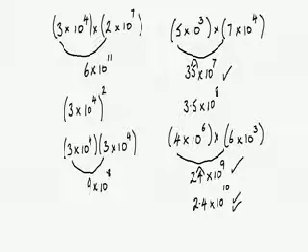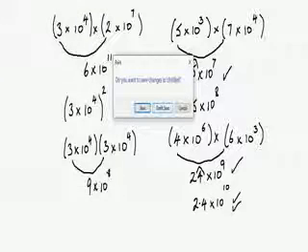Okay, so this is nice and simple. So let's say we've got 6 times 10 to the power of 7 divided by 3 times 10 to the power of 4. Okay, you do exactly the same. You divide like with like.